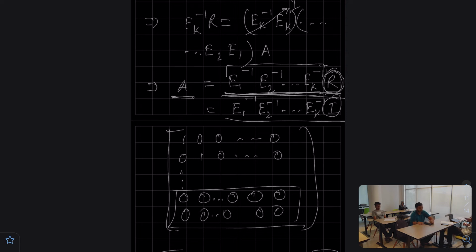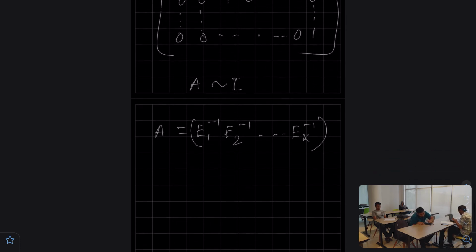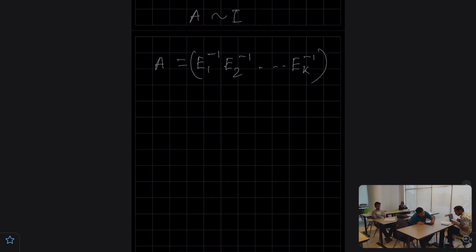But for an invertible row reduced echelon matrix, it has to be I, because there will not be any zero rows in an invertible row reduced echelon matrix, right? That's why this follows. Okay, so that is a sketch of the proof actually, and this also gives us another corollary.